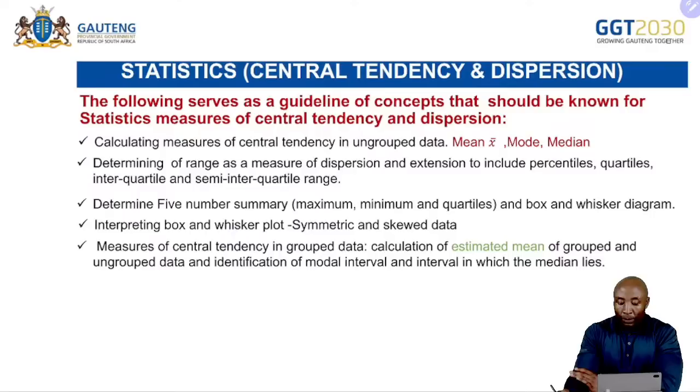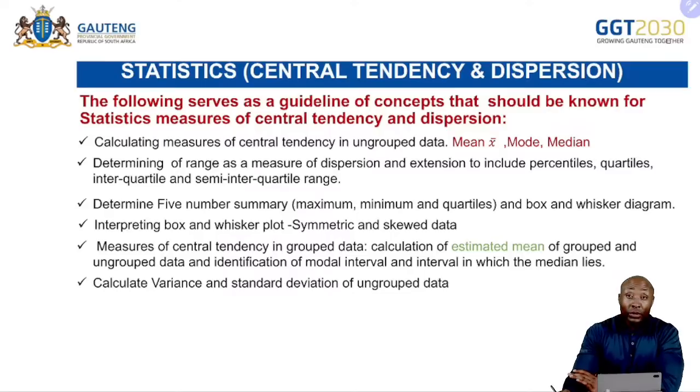We should be able to calculate measures of central tendency for our grouped data as well. Now, for grouped data, we calculate estimated mean as well as estimated standard deviation, and we should also be able to identify the interval where our median lies. Now, we should be able to calculate variance and standard deviation.